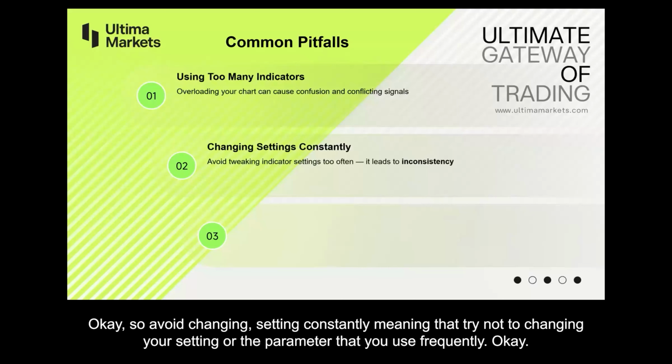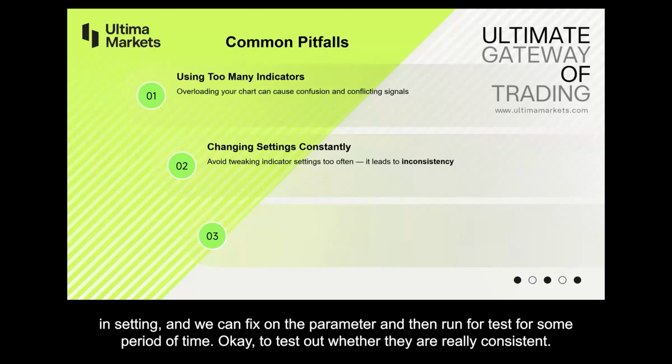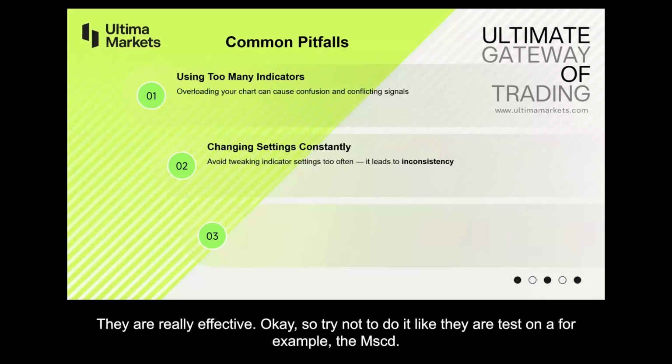Next, avoid changing settings constantly, meaning try not to change the setting or the parameter that you use frequently. When you are running a test, you can fix a setting, I mean a parameter, and then run a test for some period of time to see whether it is really consistent and effective.